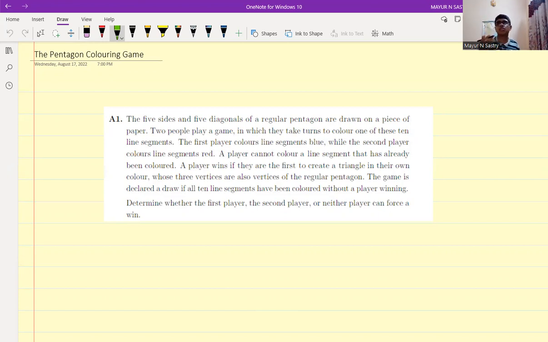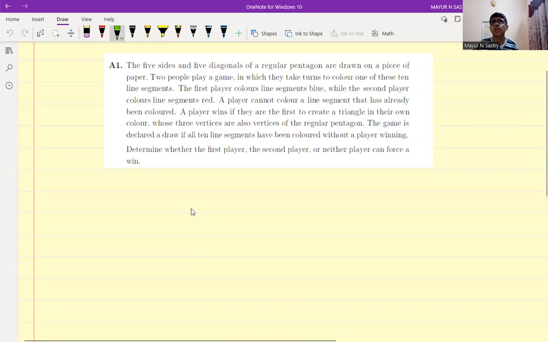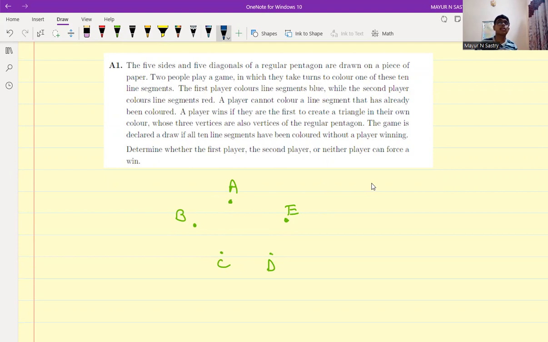To start with, we just play around with the problem and consider a random case. We'll consider a regular pentagon whose vertices are A, B, C, D, and E. We'll assume that the first player is me, and I am trying to win the game.